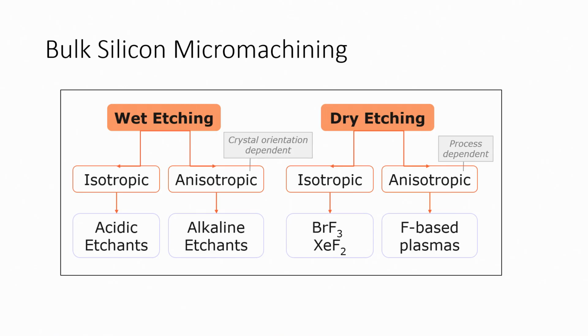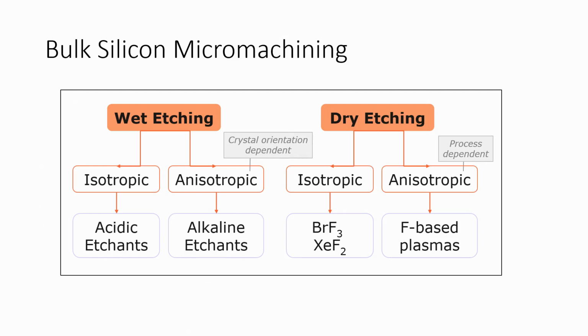So, if you go back to the slide, there is bulk silicon micromachining. In bulk silicon micromachining we will see two kinds of etching, one is wet etching and another is dry etching.